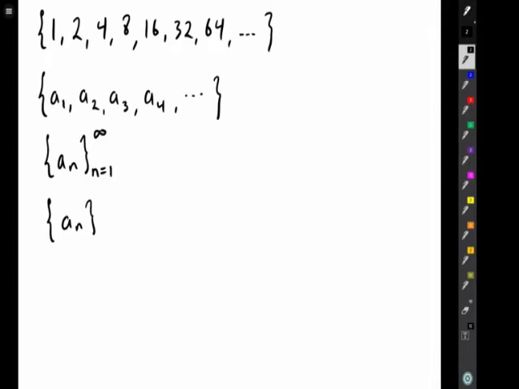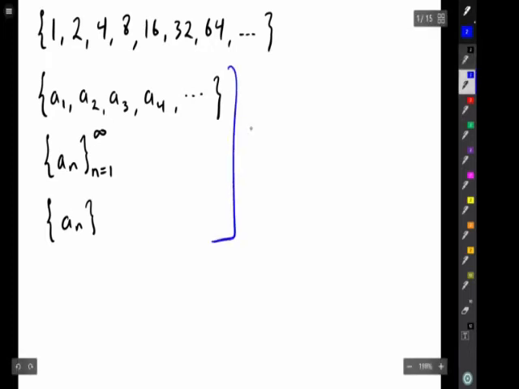Normally when we write down a sequence, we write it as a list of numbers inside brackets like this, or just a general term here. These are all notations for an arbitrary sequence.